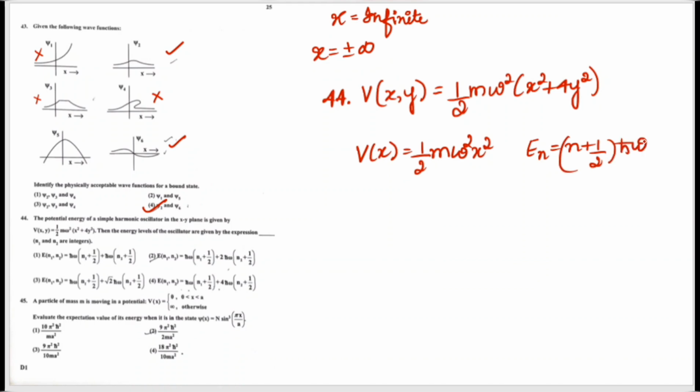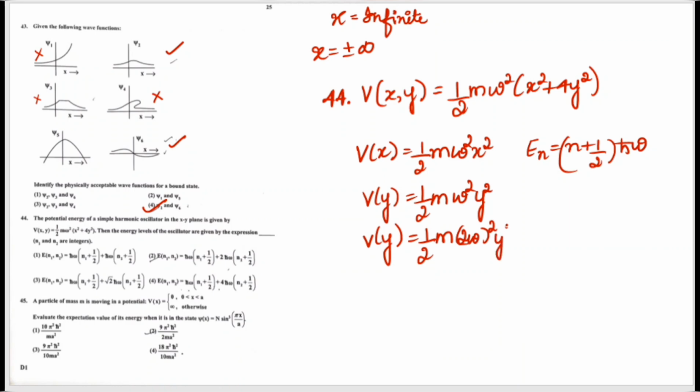So for the 2D potential, they have given the equation. For the potential V of y, which is equal to half m omega square y square, here we have half m omega square into 4 times y square. So V of y will be equal to half m into 2 times omega square, I can write it as, that is 4 times omega square, I can call it 2 times omega square, into y square.